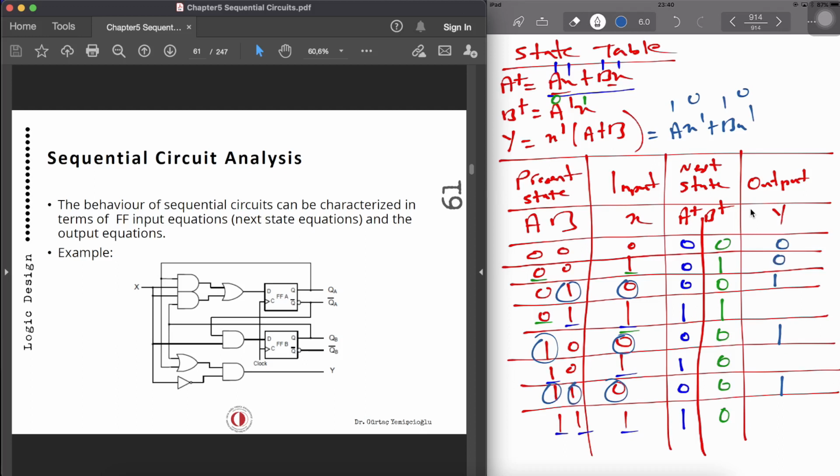So the rest are just zeros. And that's the state table that we can use in our analysis.